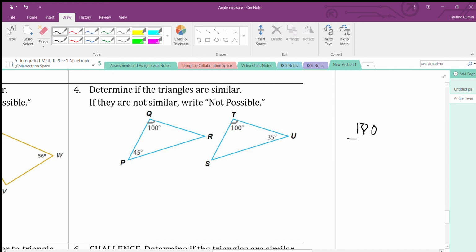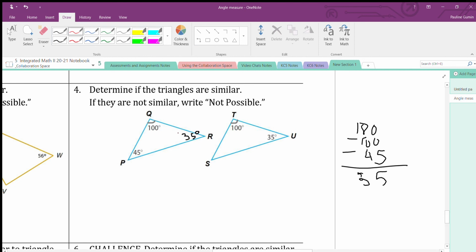So 180 minus 100 minus 45. There's 180 degrees in a triangle. That's why I'm subtracting 145 from it. And I end up with 35. How brilliant! We actually have all 3 angles congruent. Do we need to show all 3 angles are congruent? Nah.